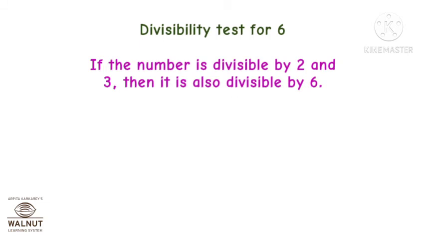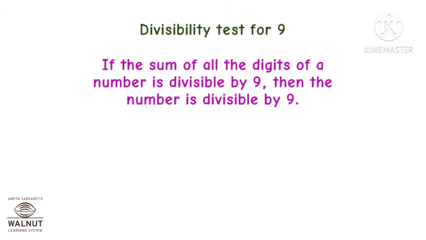Divisibility test for 6. If the number is divisible by 2 and 3, then it is also divisible by 6. Divisibility test for 9. If the sum of all the digits of a number is divisible by 9, then the number is divisible by 9. Divisibility test for 10.